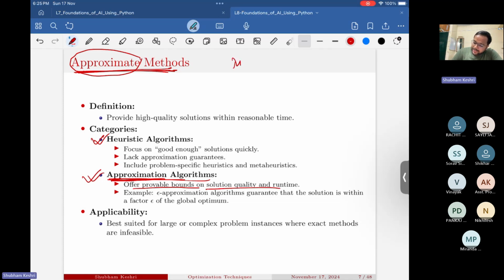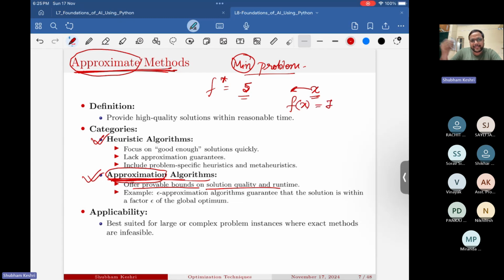For example, suppose you have a minimization problem and the optimal solution is 5. We know this from exact methods. The approximation method will give you some solution x, which gives an objective function value of, say, 7, or any value. This value will be bounded. Whatever x is obtained by this approximation method will be no worse than twice the optimal solution.